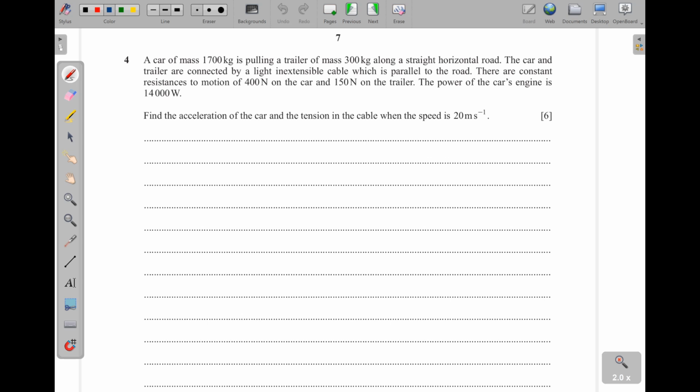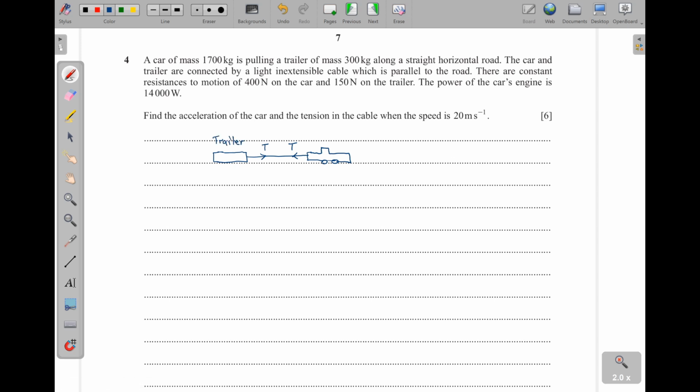Now, let me do some simple sketch here. Maybe this is the car. Okay, then there is a trailer here. So they are connected by a cable. So there is tension generated here. The same tension that pulls the car behind is the same tension that takes the trailer forward.